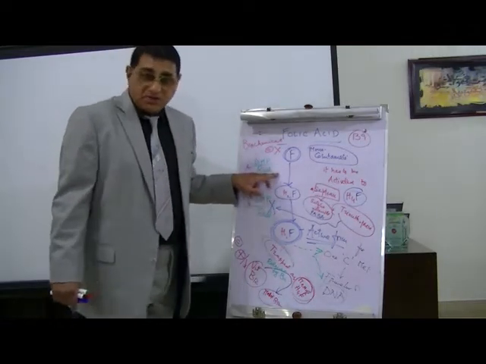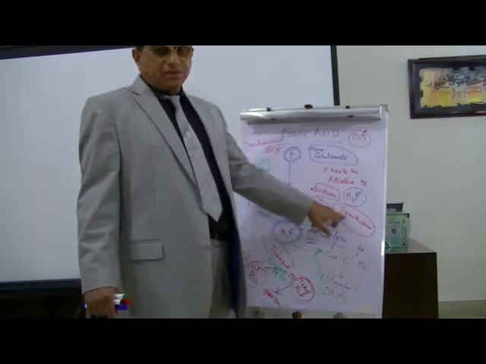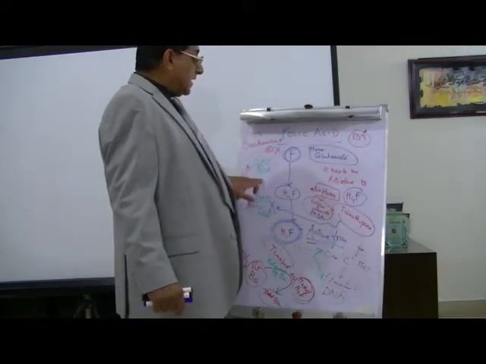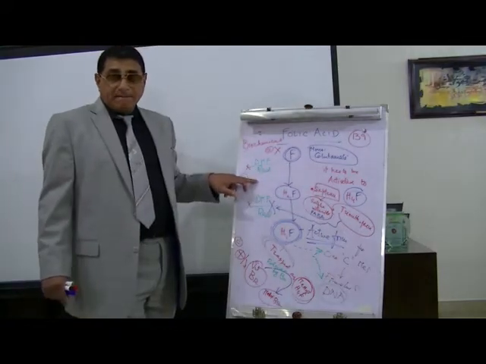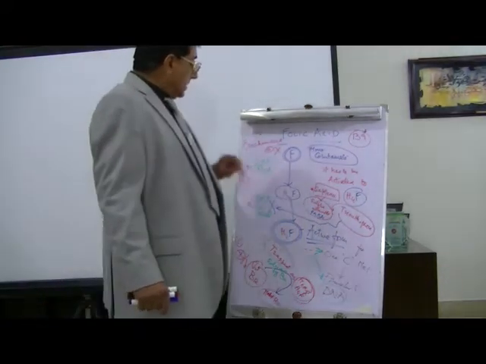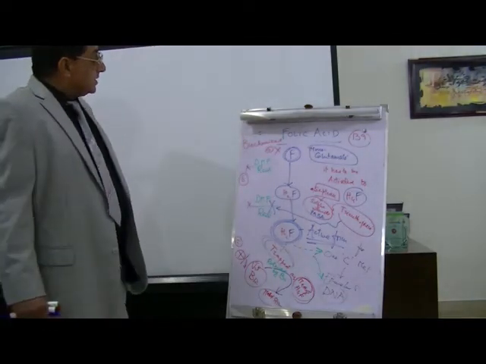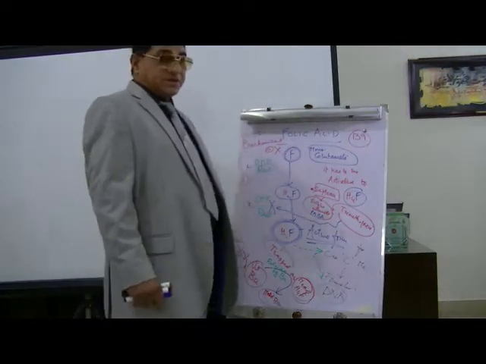Humans must take it in the diet. So no problem with humans. If trimethoprim is taken, it acts only on the bacterial enzyme, and so the bacterial production is inhibited.